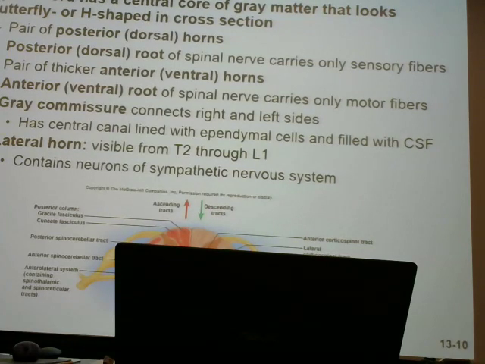Now, whoa, wait a minute. Sympathetic nervous system. What do y'all know about that? Fight or flight. Because I have sympathetic and I have parasympathetic. Sympathetic to me is not sympathetic at all, but that's just me. Okay? What parts of the body does that affect?